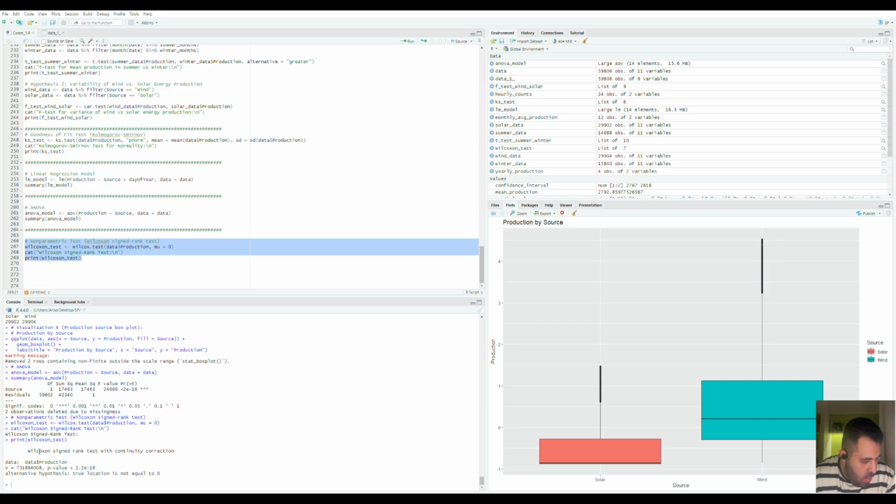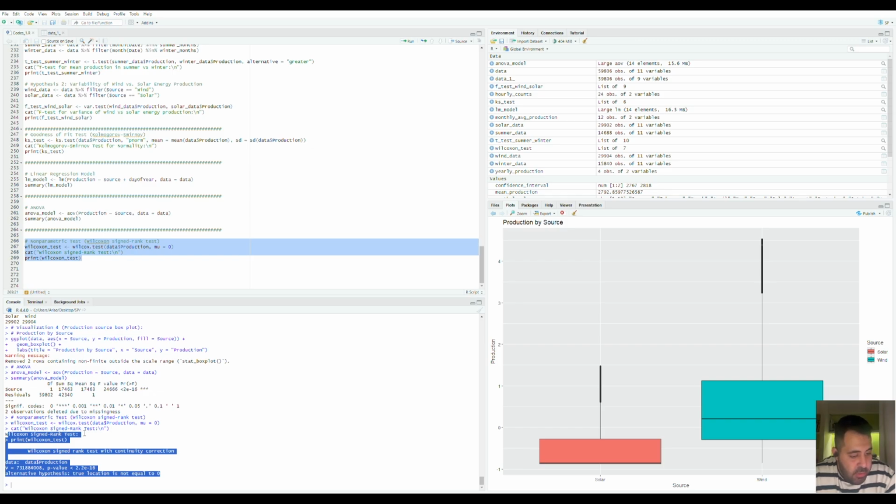Let me see. So, in the non-parametric test, we use the Wilcoxon signed rank test.